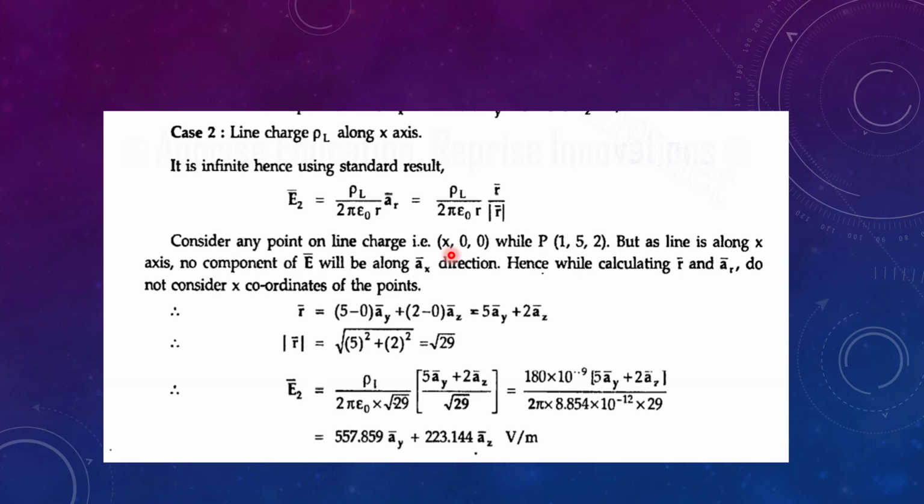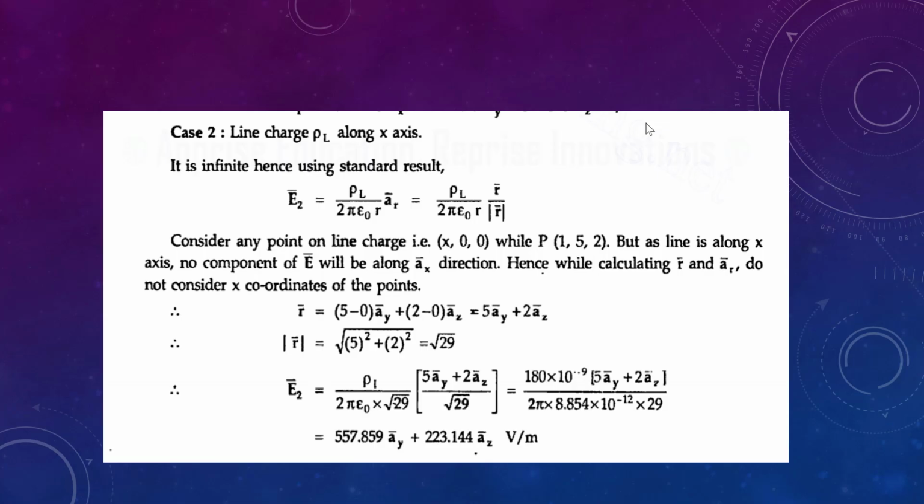So 1 minus 1, so r bar will become 1 minus 1, so that can be neglected. So it is written here. Hence, while calculating r bar and AR bar, do not consider x coordinate of the point, or you can directly subtract 1, 0, 0 and 1, 5, 2.